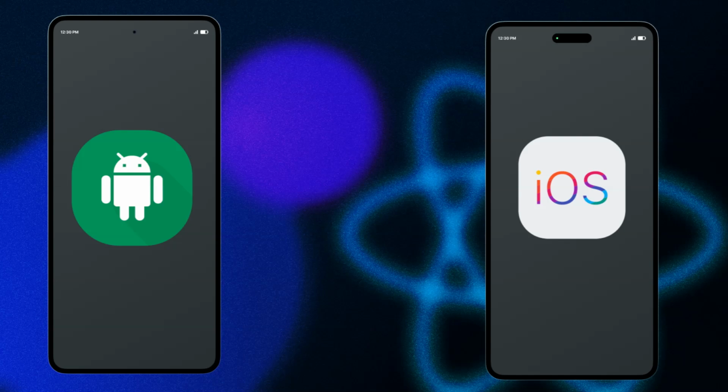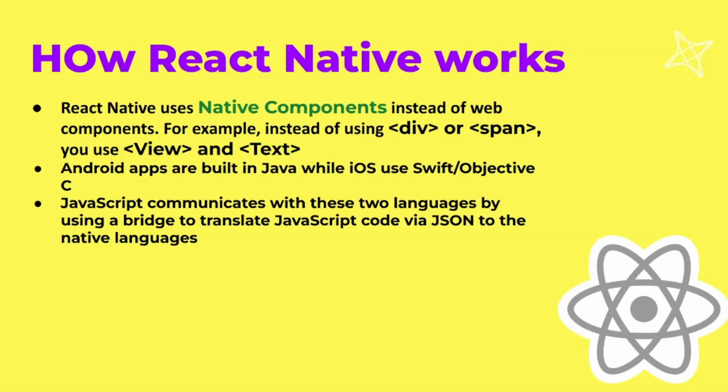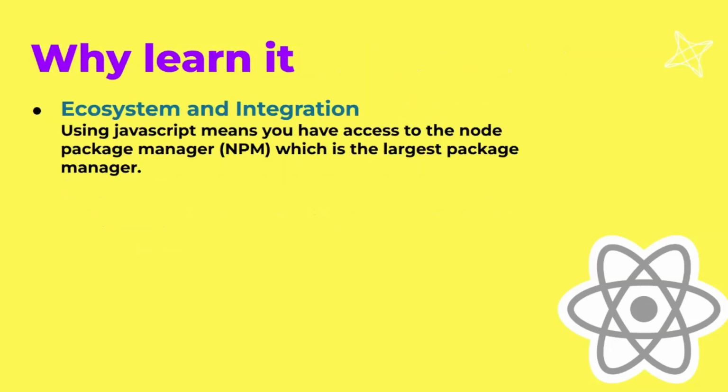Now, a bridge is just a fancy way of saying that it is able to connect to these native technologies by using JSON. JSON means JavaScript Object Notation, which is a protocol for communication between two diverse technologies. So it uses this JSON to transpile the views and text into components that Java and Swift are able to understand.